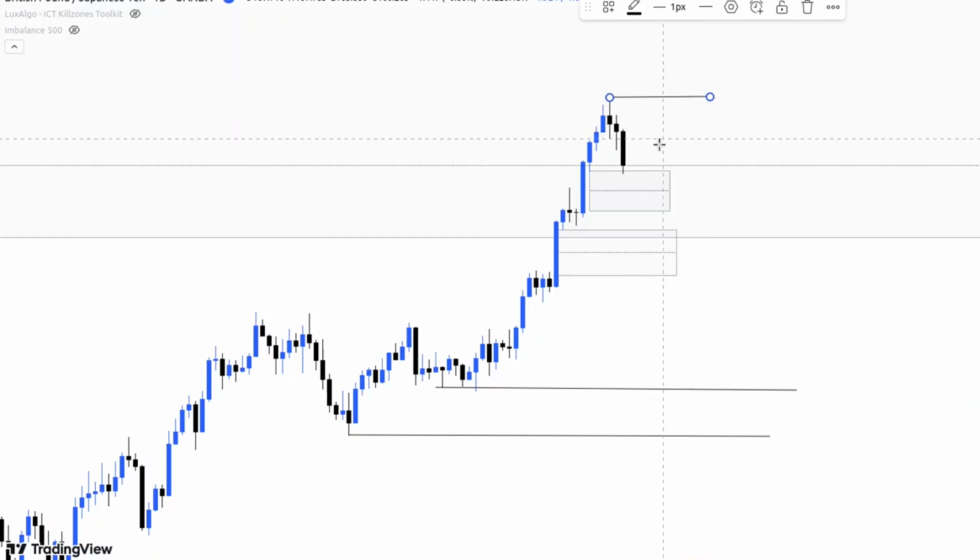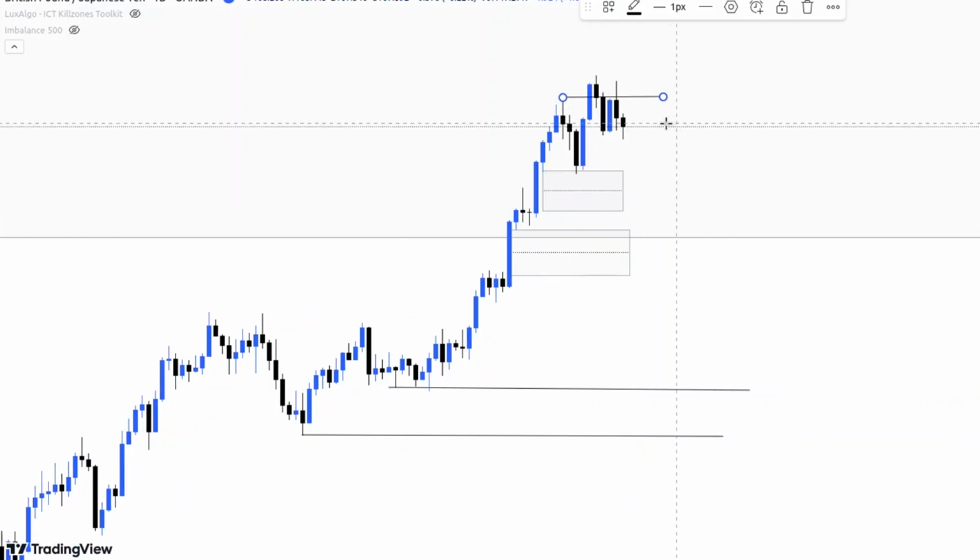I would like to see price come and manipulate this high here before I take my trade. Already we are having a kind of pullback inside this range, but I will see this price manipulate before I try to take my entry position. So let's wait and see what price does.